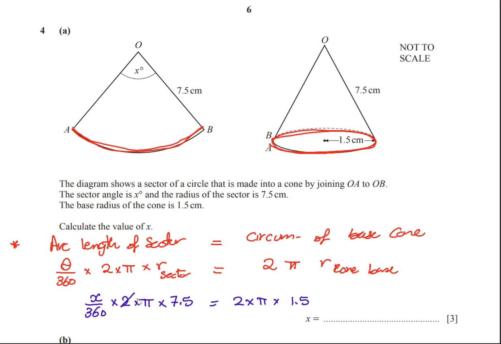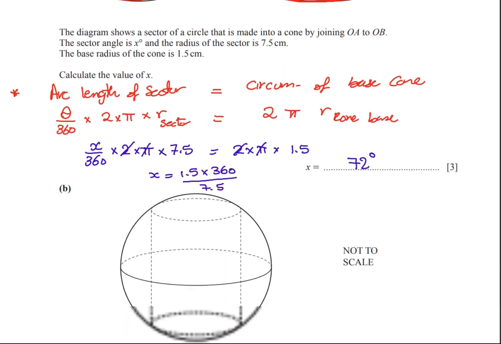So I can cross 2 pi with 2 pi and send this to the other side by multiplying, then divide by 7.5. I will get x as 72 degrees. Okay.